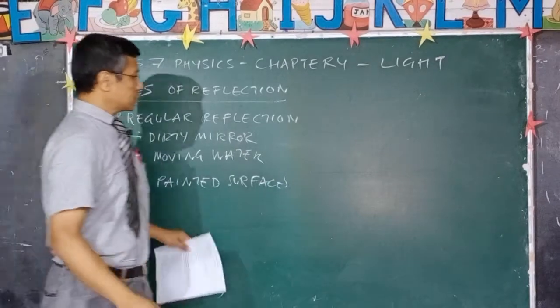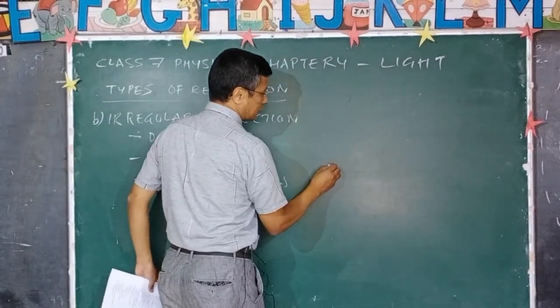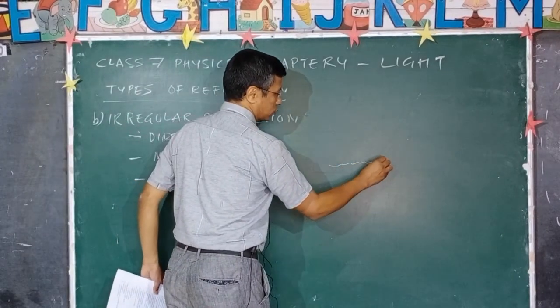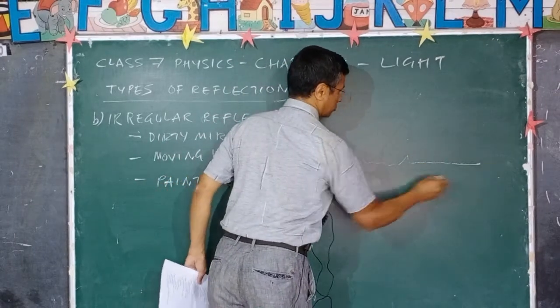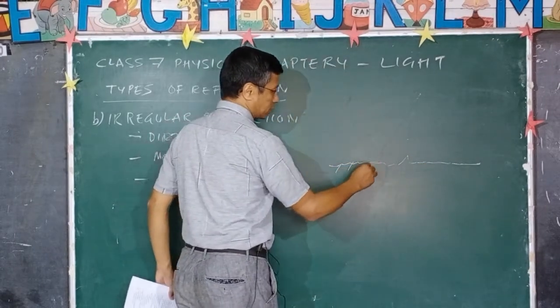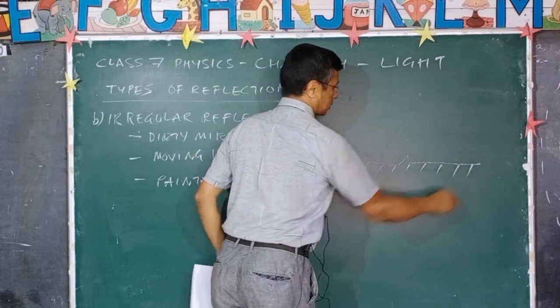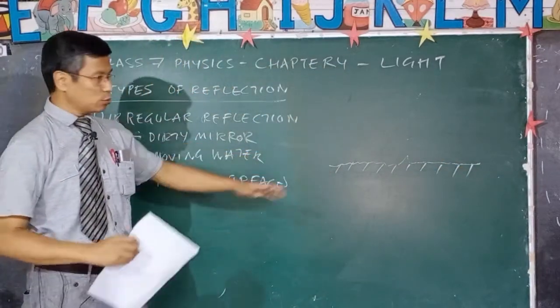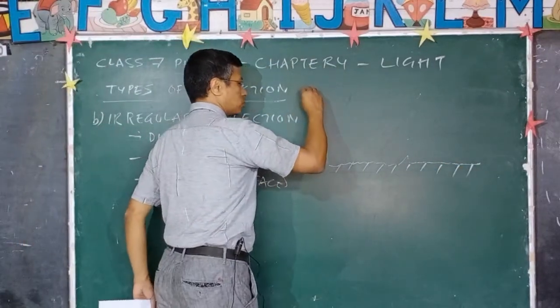In this case, the surface is not very smooth. So let's say this is the back portion of the surface and you have the surface over here which is not very smooth.